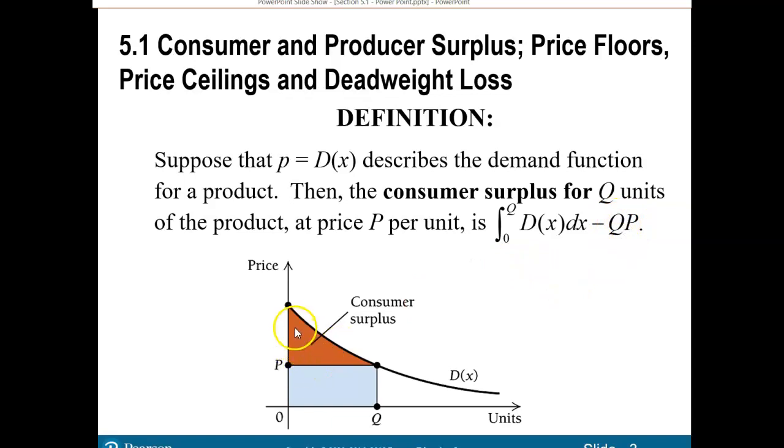Otherwise you're finding the definite integral of that demand function from 0 up to this Q. That first part is the area under the demand curve between 0 and Q. But if we subtract out the area of this rectangle, you get your consumer surplus to be the area of this little section in dark orange.